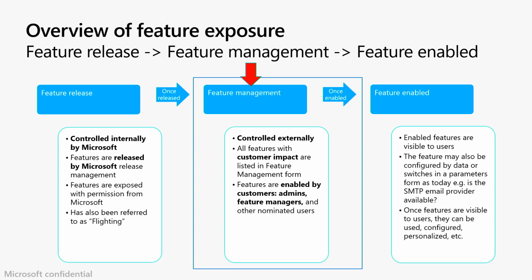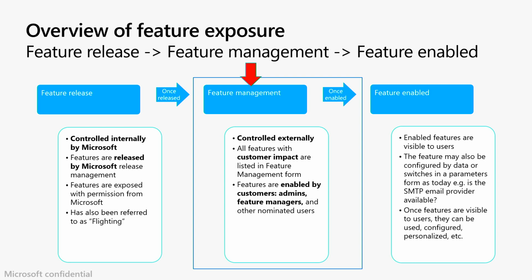Feature management, which I'm going to show you today, is the actual usage of our product. What feature management allows you to do is turn a feature on or off. That's all it does. It's not flighting, it isn't something Microsoft controls, it's something customers and partners control. When we ship a new feature in one version, we promised you that we won't change your experience. We're not going to surprise you, we're not going to break you.